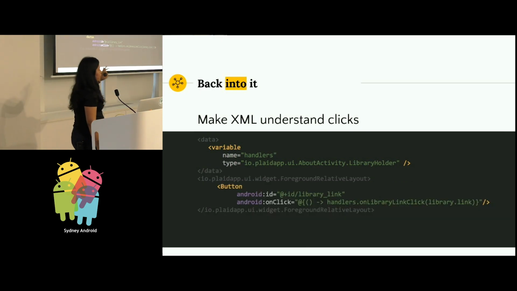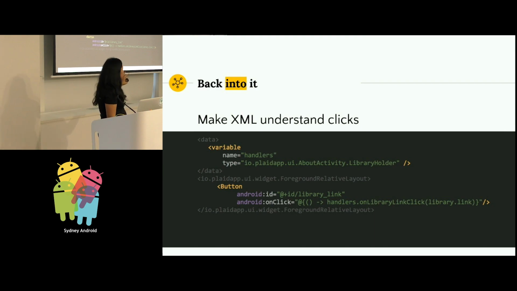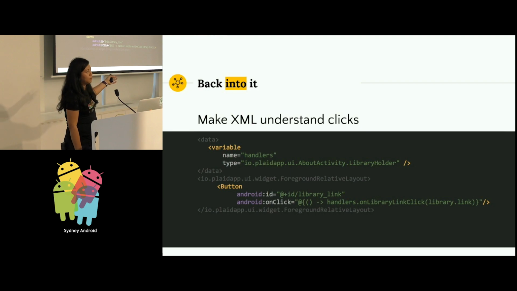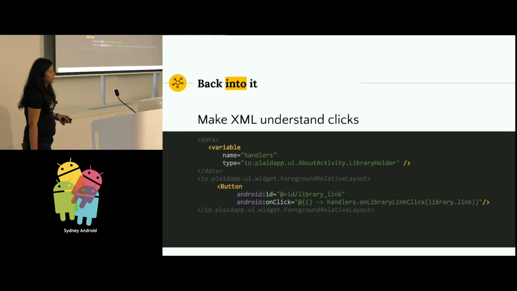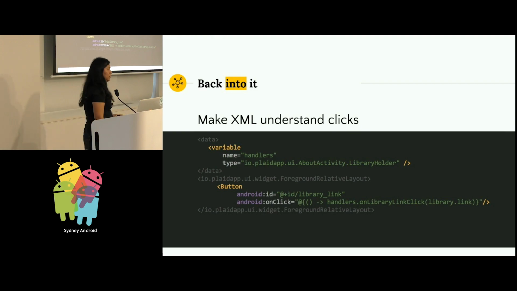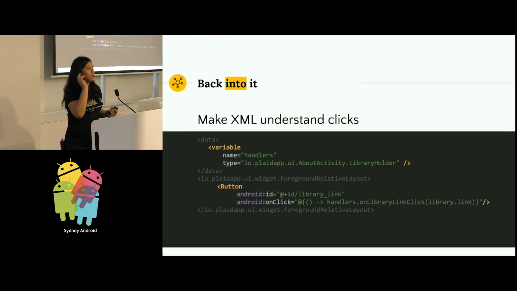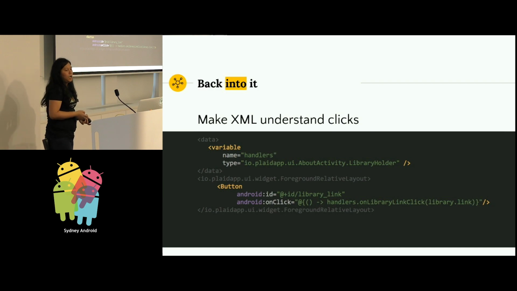In this case, if we want to go to the library's website, we'll hook it up to the onClick method of the button. What I'm showing here is the Lambda implementation of a click, well, not a click, an event listener in general. There are a couple of ways to do event listeners, and this is the first one, the Lambda version.